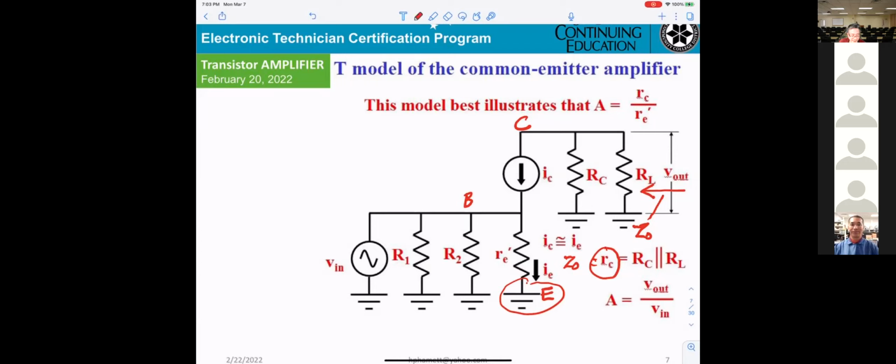Okay, and now input impedance. Your source is right here. Okay, you're looking into the amplifier. Whatever resistance you see, that's what they call Z input impedance.